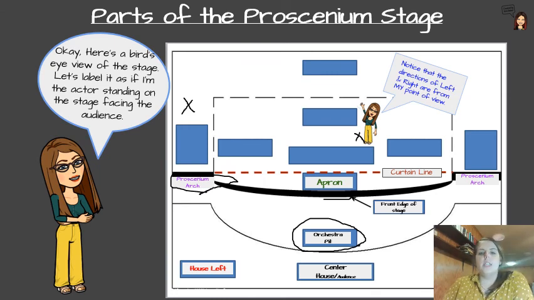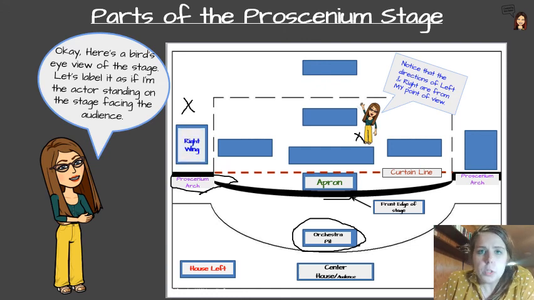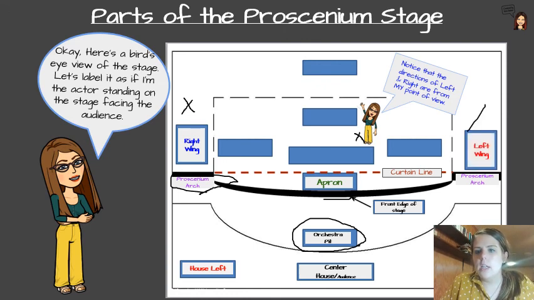So this area, this waiting area, is the right wing. When we go into the auditorium in a couple of weeks, you will see our very narrow wings, and that is essentially an area for people to wait for their cue to get out on stage. And if that's the right wing, then this over here is the left wing.